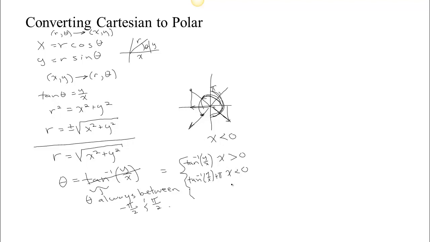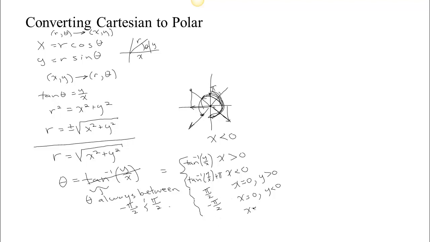Now we have to think about what happens if x equals 0. Well, if x equals 0, you're going to have an angle of either pi halves or negative pi halves, right? If x is equal to 0 and y is greater than 0, and you're trying to use a positive radius, then the angle is going to have to be pi halves. But if x is equal to 0 and y is less than 0, then you're going to have an angle of minus pi halves.